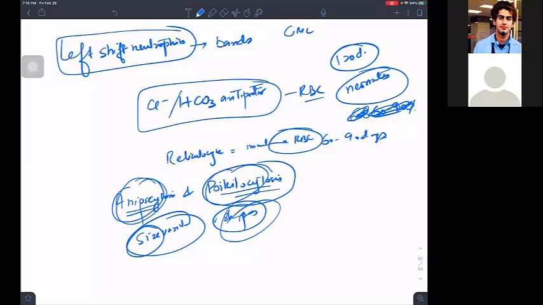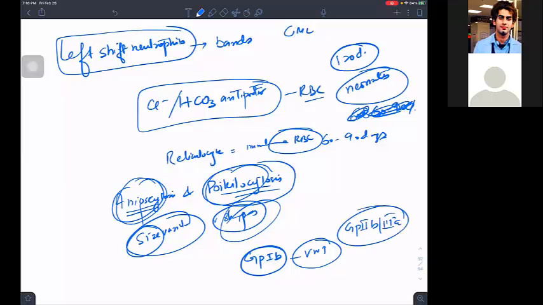Okay, can you tell us which receptor binds to GP1B in the platelets? Von Willebrand factor. That's a very nice answer. So which receptor binds with GP2B3A? That's a beautiful answer.